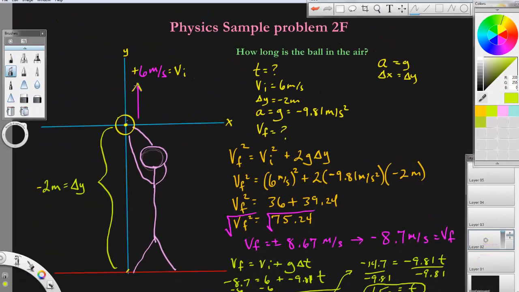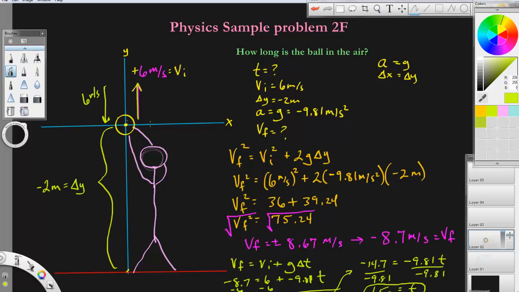And the other thing to keep in mind that I just want to point out to you, if you launch something up in the air, and of course we're ignoring air resistance. So if I hit a ball in an airless world up in the air, it would go a lot higher. Maybe not a volleyball, but it would certainly go higher without any wind holding it back on the way up or any friction forces. But on its way down, at that point, it would still be going 6 meters per second. It's the same up and down.